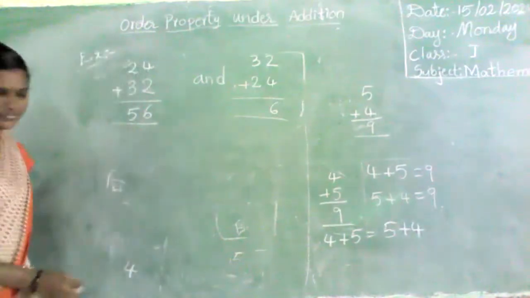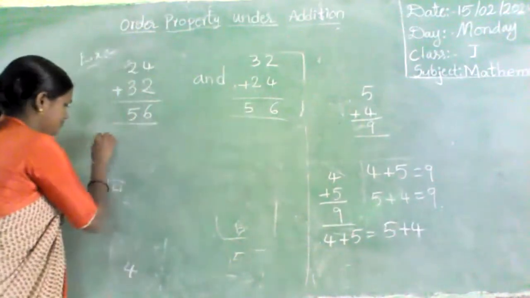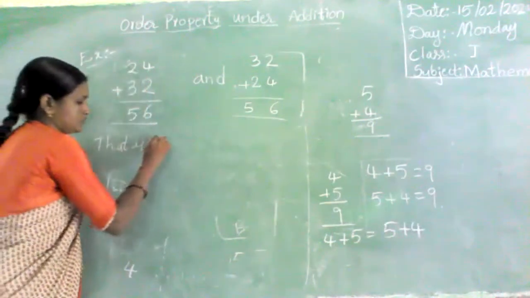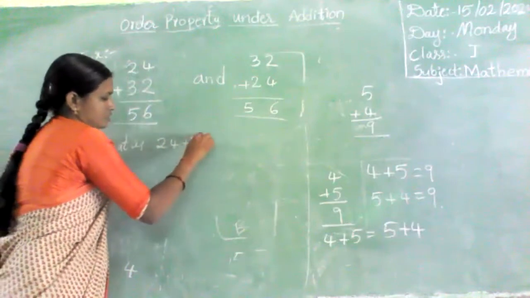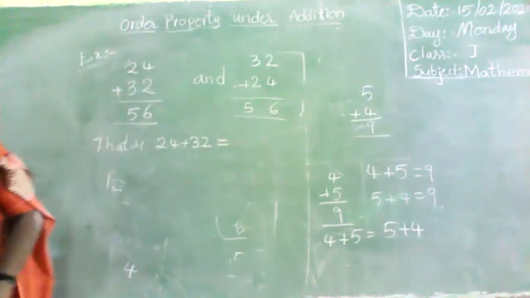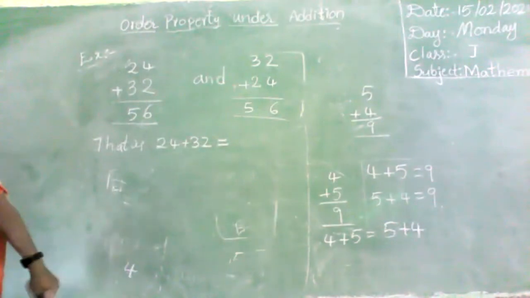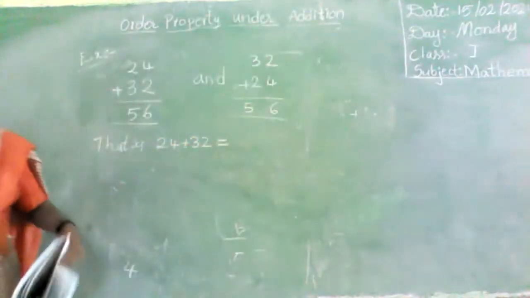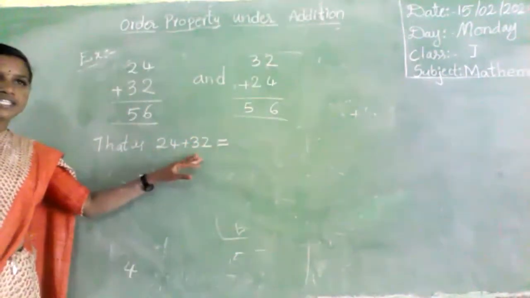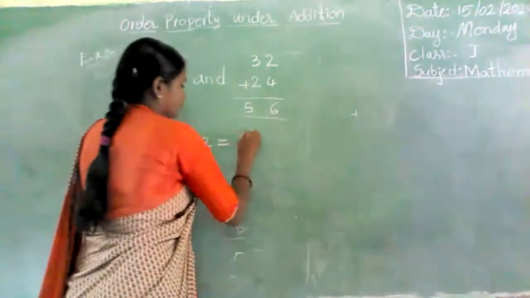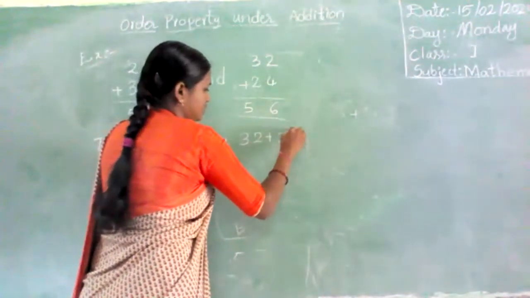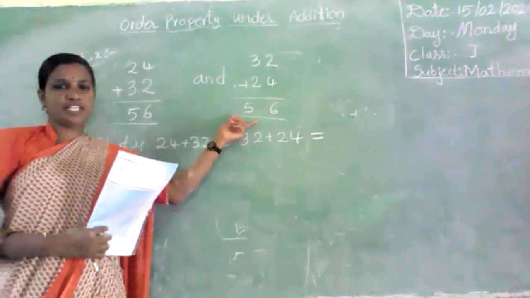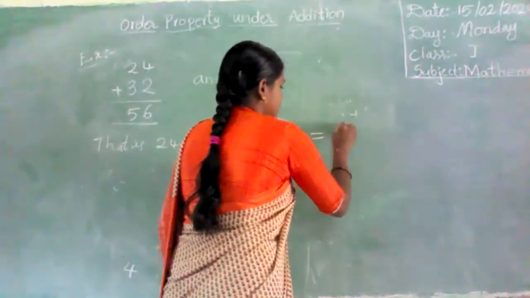So 24 plus 32 is equal to 32 plus 24. Finally, what do we get? 56. What is the answer? 56.